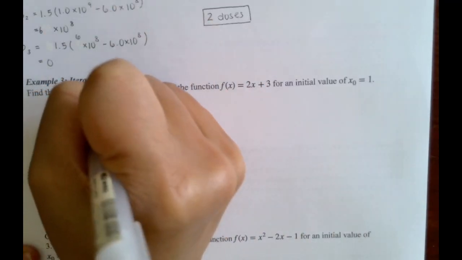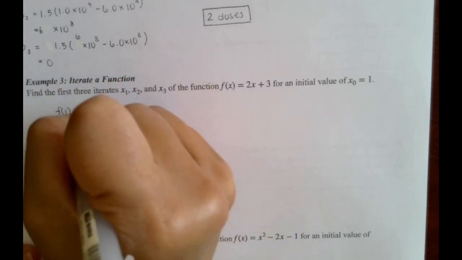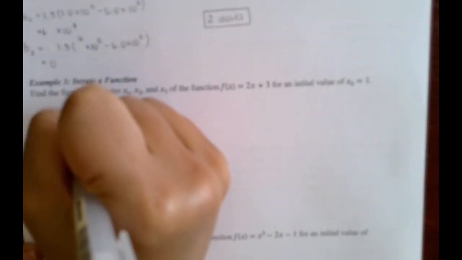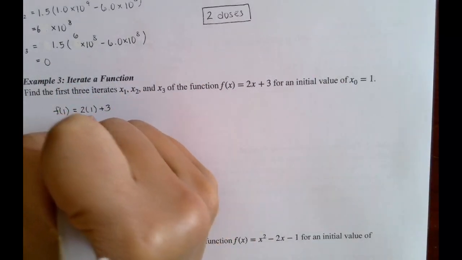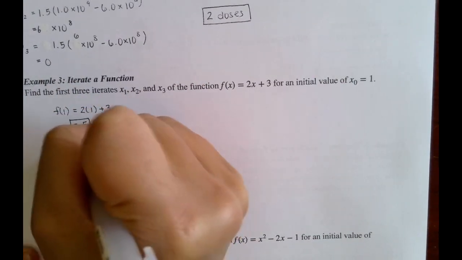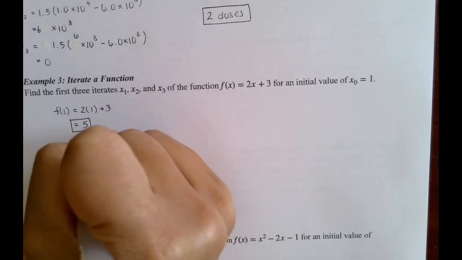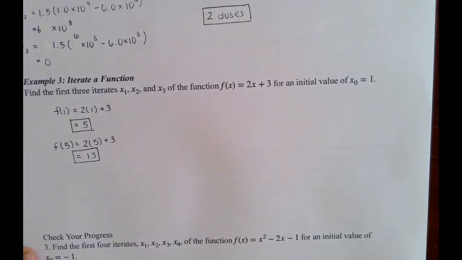So that's the initial value, equals 2 times 1 plus 3. 2 times 1 is 2, plus 3 is 5. So this is the first iterate. Okay? The second iterate will now use f of 5. So it'll be 2 times 5 plus 3. 2 times 5 is 10. 10 plus 3 is 13. So this is the second iterate.